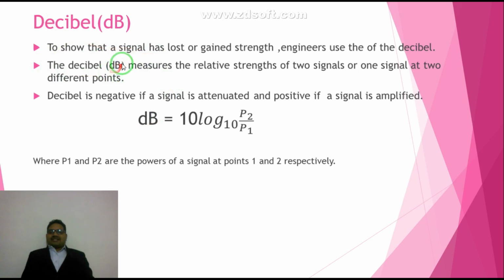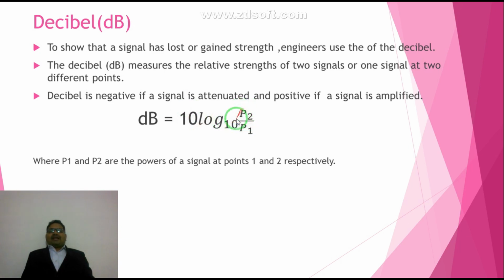Remember, decibel is denoted by dB. It is negative if a signal is attenuated, and positive if a signal is amplified. It is given by the formula dB is equal to 10 log of P2 by P1 to the base 10.